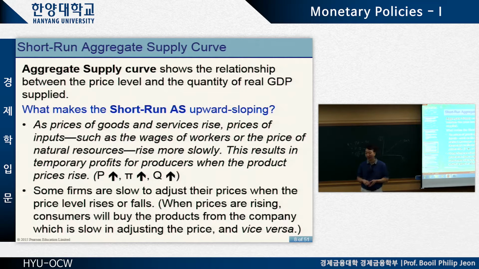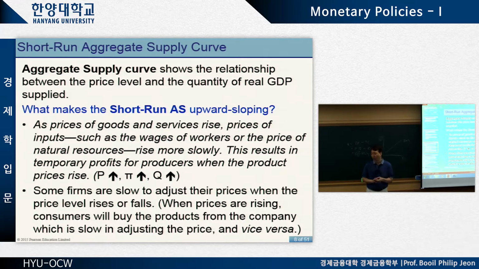So while we acknowledge that when the general price level rises, the prices of both output and input will rise, we assume that the input price will follow a little bit after the price of the output increases.